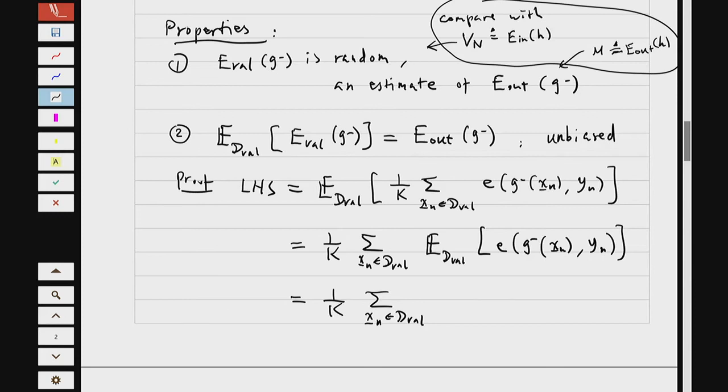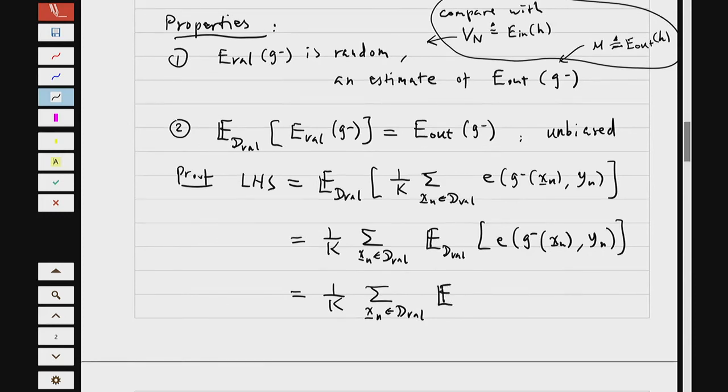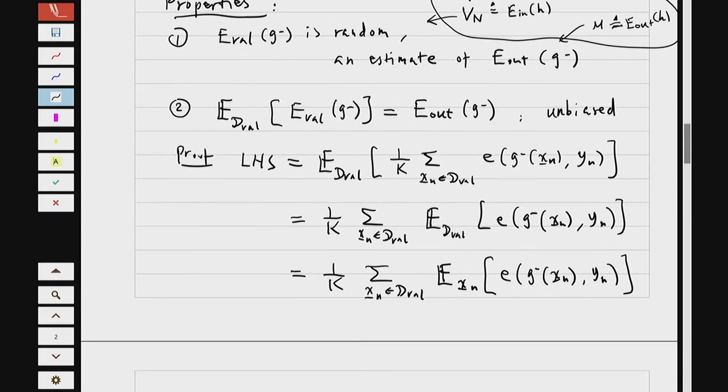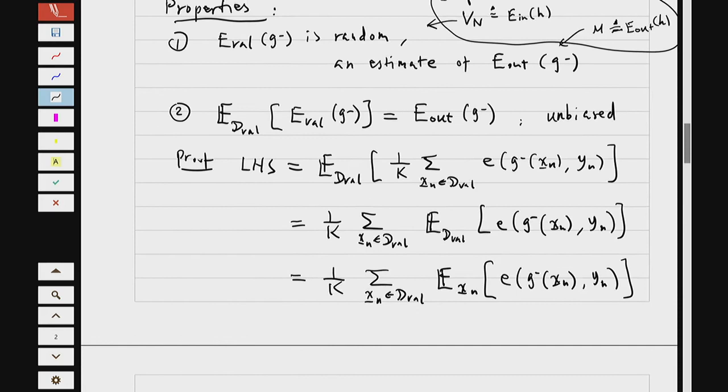So I can change the expectation to only an expectation over xn, because this function does not depend on the other data points. So it's very important that your validation data set is completely separated from the training data set. Otherwise, you will not have this nice property of being unbiased and consistent later. So this is independence.